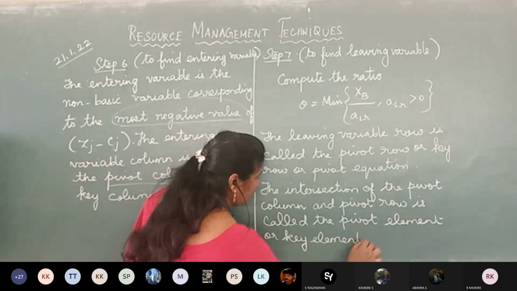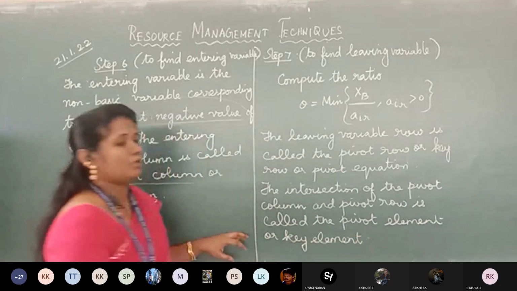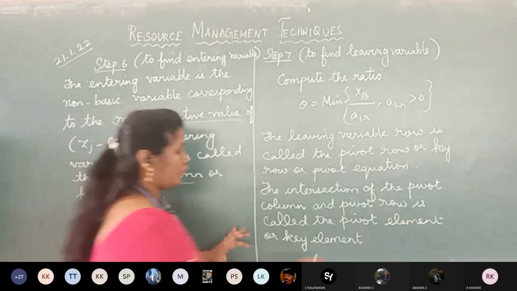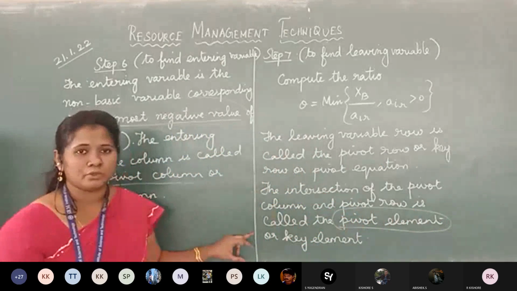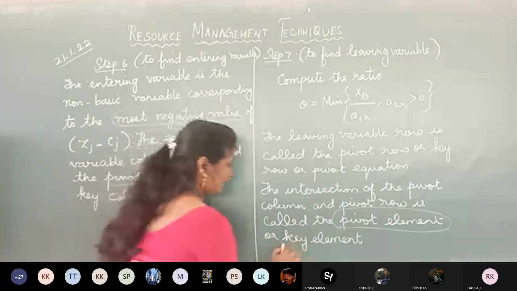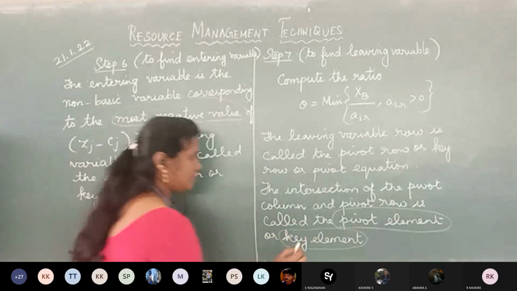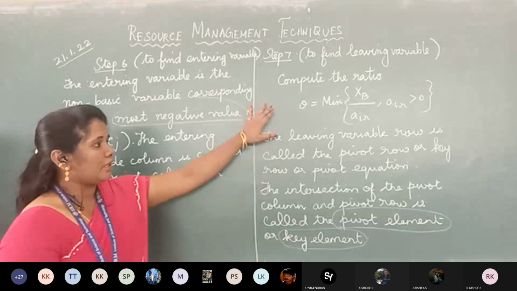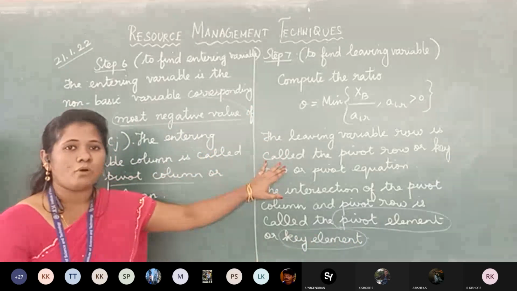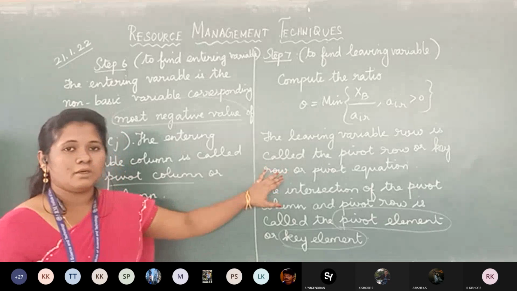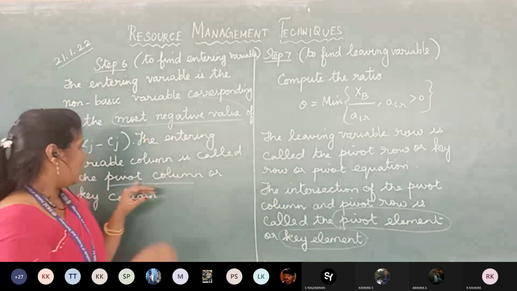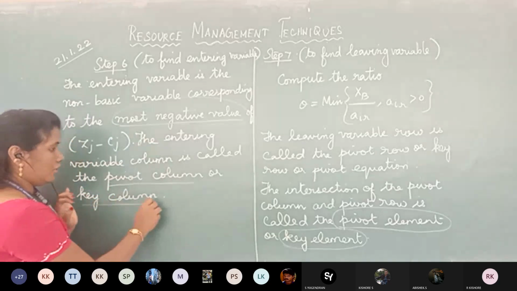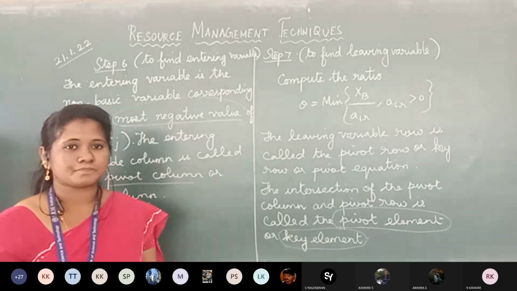These are all very important for your MCQ pattern. The intersection point of your pivot column and your pivot row will be called your pivot element or key element. The leaving variable is called your pivot row, key row, or pivot equation. Your entering variable is called your pivot column or key column. All these things you'll have to know.